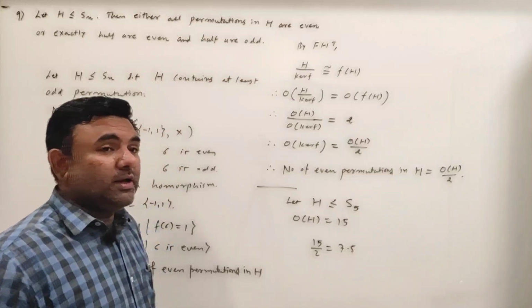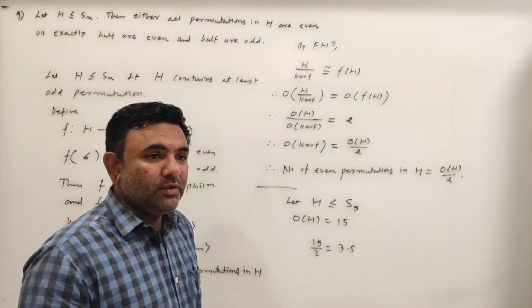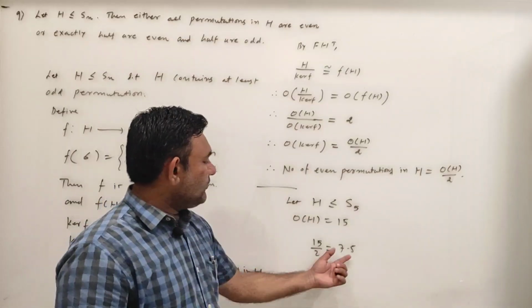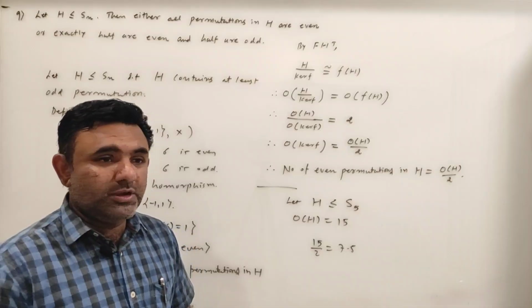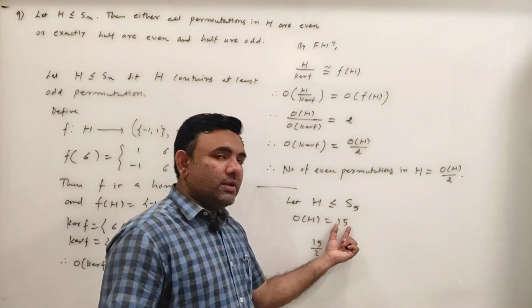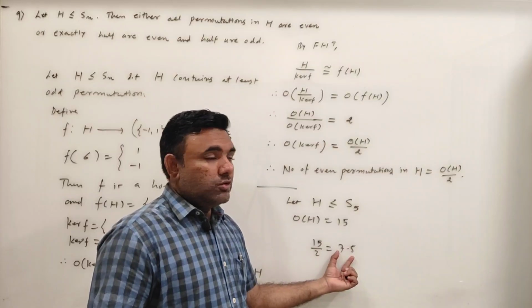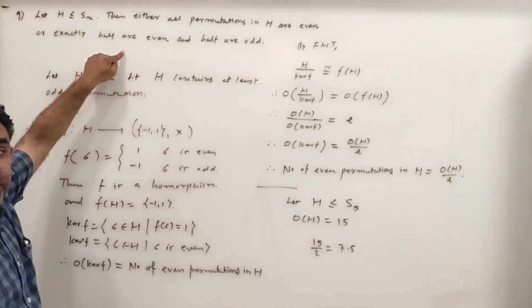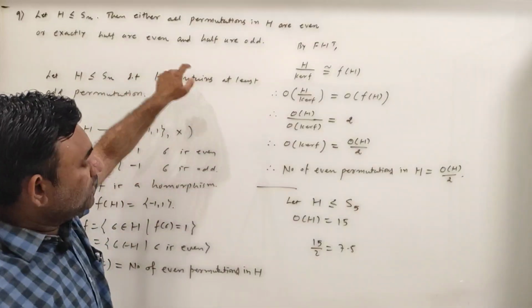So 7.5 are even and 7.5 are odd permutations, that is not possible, right? So this result will not be true here. But the result is true.